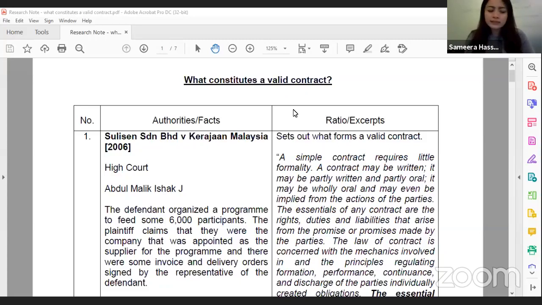Of course, the very basic question is whether silence amounts to acceptance. This was an issue during the development of English law, way back then, when we still used postal services.